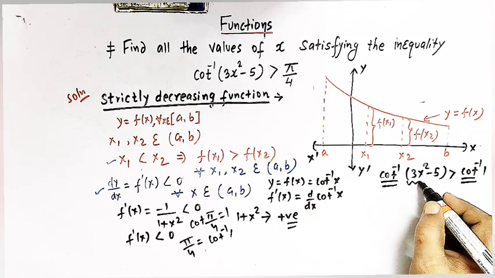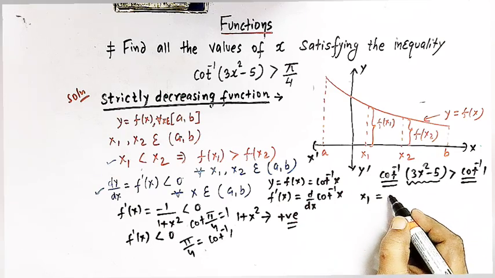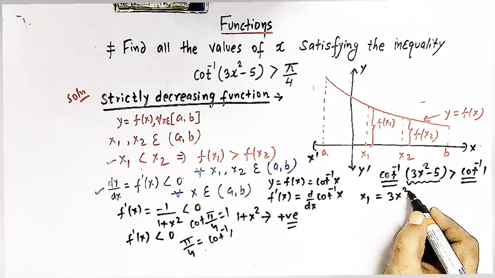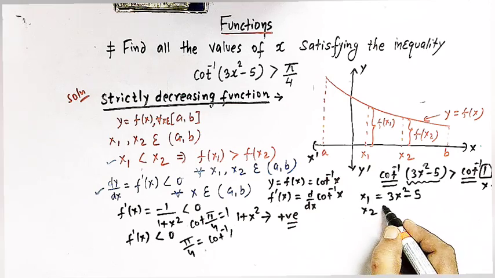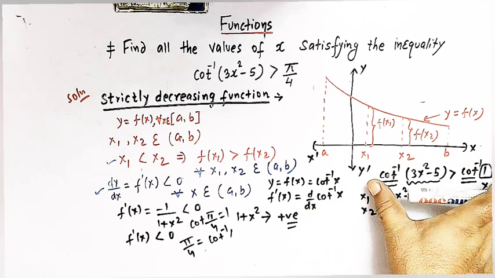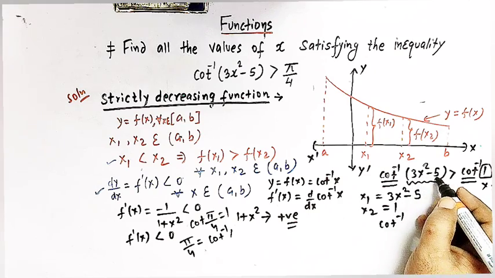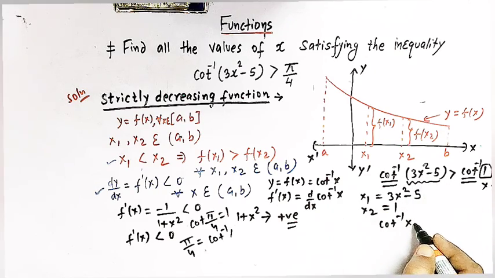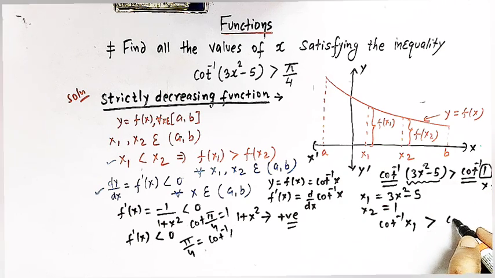So let us take this input, that is 3x square minus 5, as x1. So we can take x1 is equal to 3x square minus 5, and let us take this input as x2. So we can take x2 is equal to 1. So now this inequality reads as cot inverse, and here 3x square minus 5 may be taken as x1, and here we have the greater than sign, then we have cot inverse x2, right?